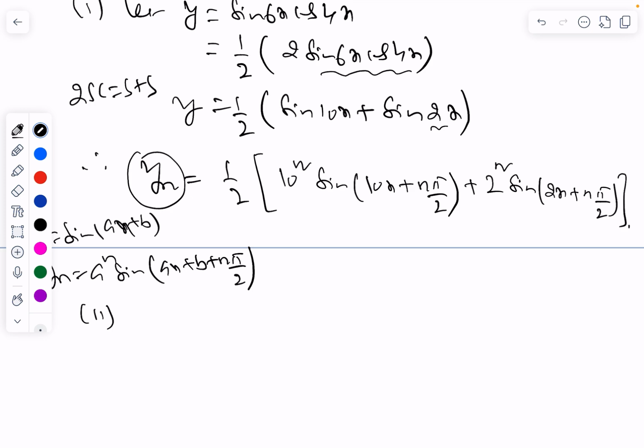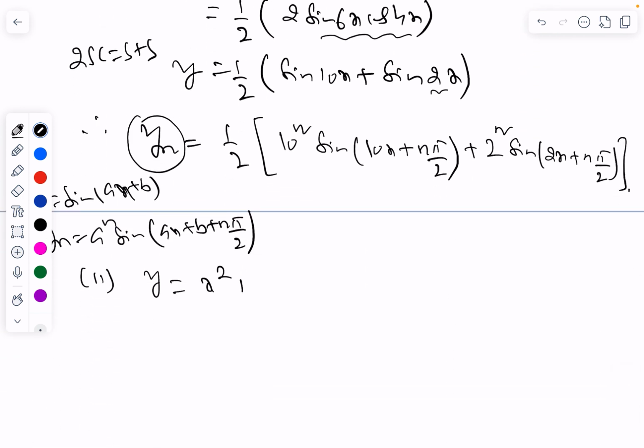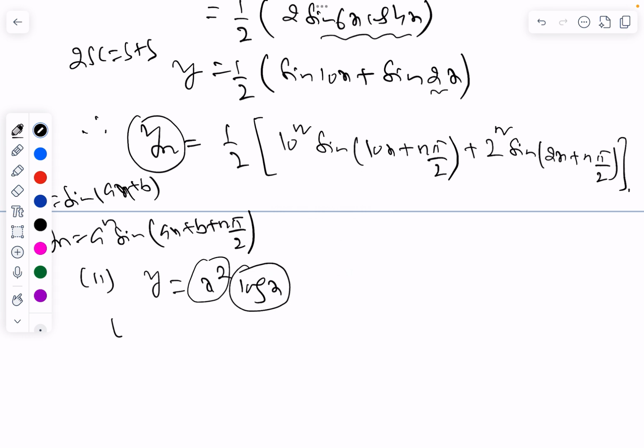Second is, y equal to x square log x. Now here it is the product of two functions. So we have to use Leibniz theorem.